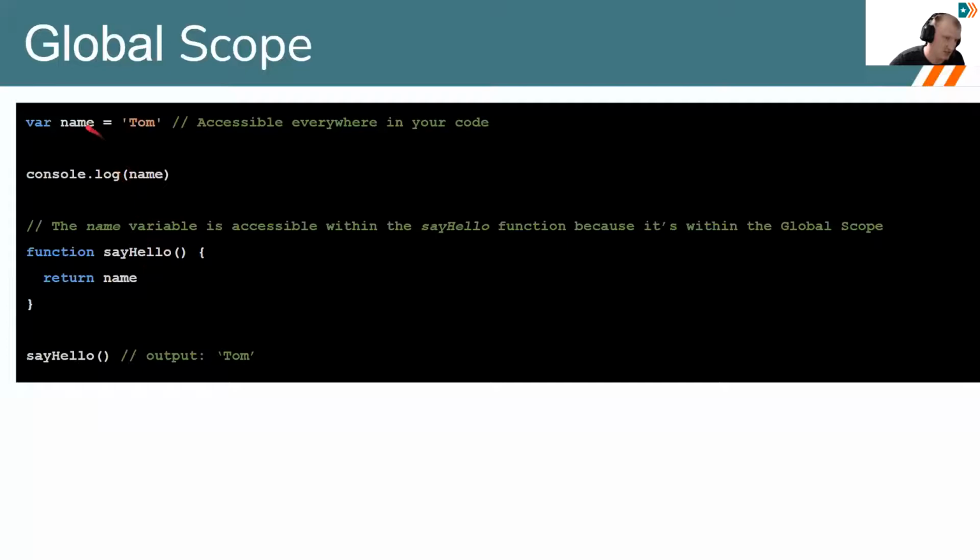So we can actually reference name up here. So these are actually both referencing the same thing. So this console.log would console.log the Tom value, and then say hello is going to return the Tom value. So in both cases, say hello is returning the same thing that this console.log returns.